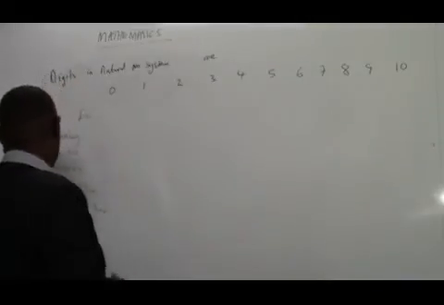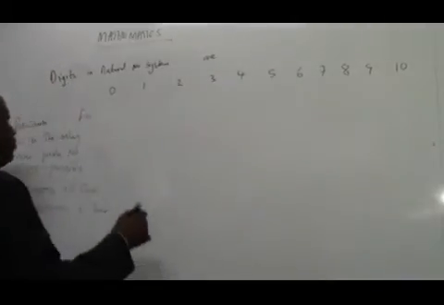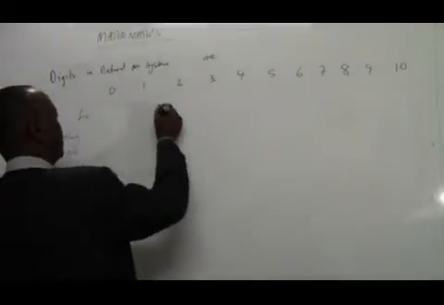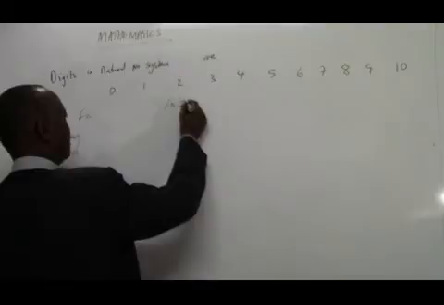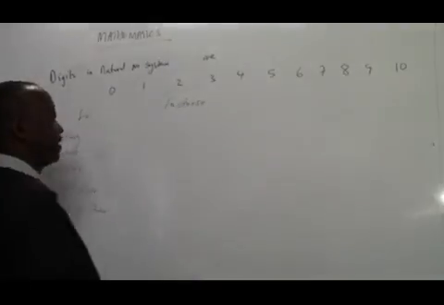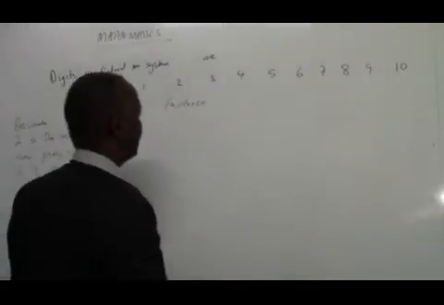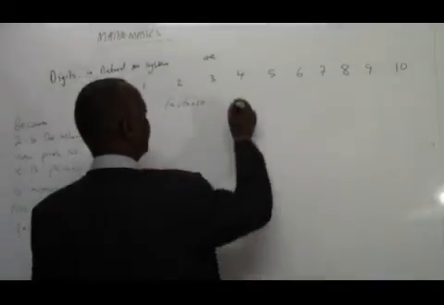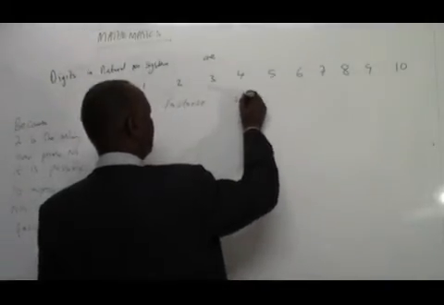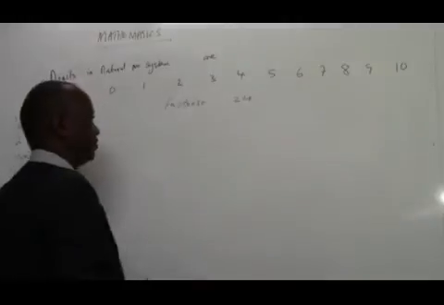So let's see, for example, you can be told to factorize a number like 24.